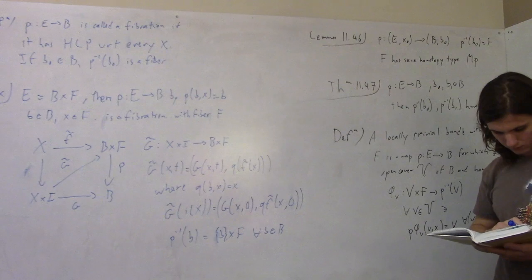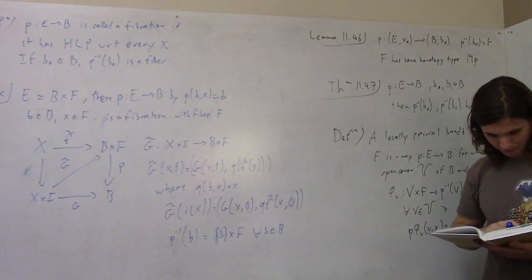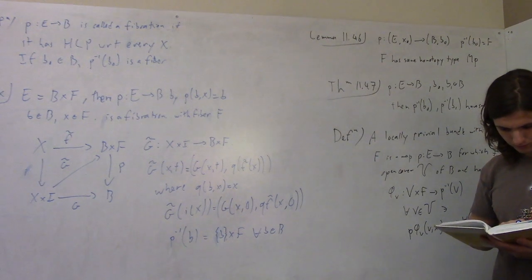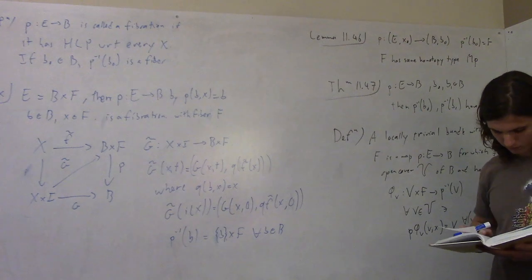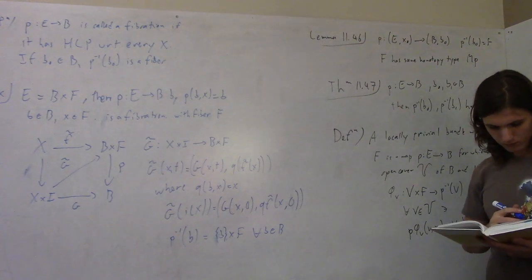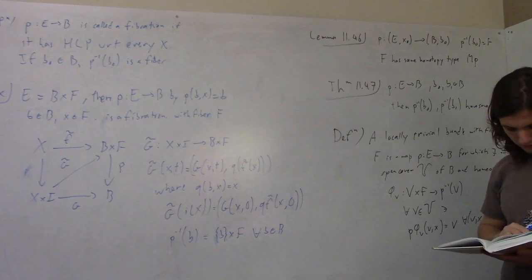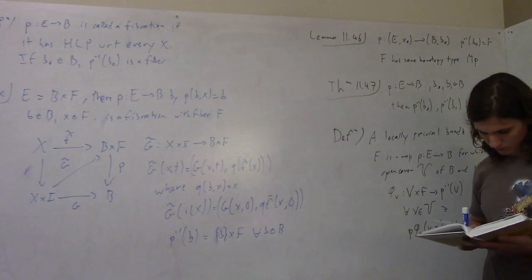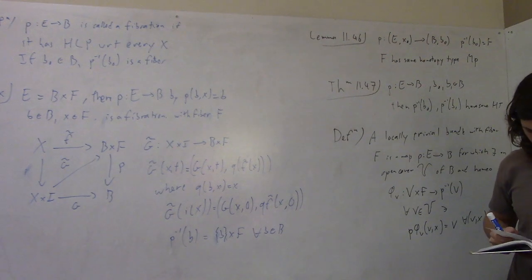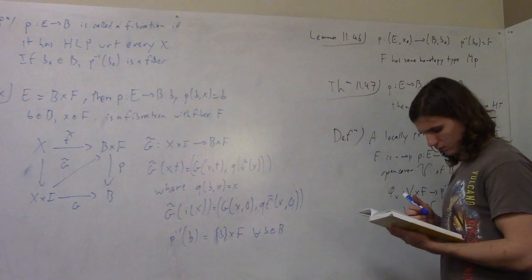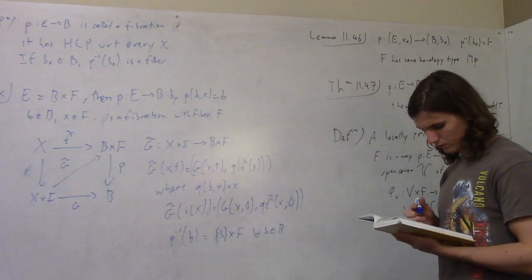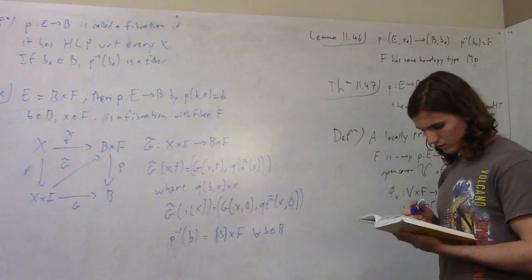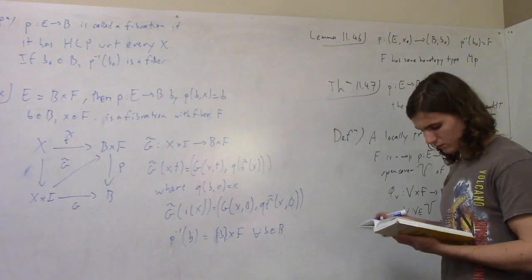Although this doesn't have to be a trivial bundle, this is locally trivial. It just says that locally it's like a Cartesian product. It doesn't say globally that's the case. But this condition that it be locally trivializable is pretty huge in terms of how the coordinates have to behave as a manifold.